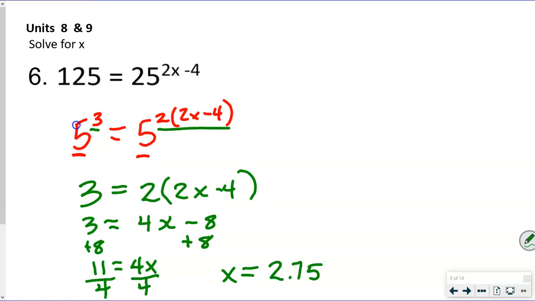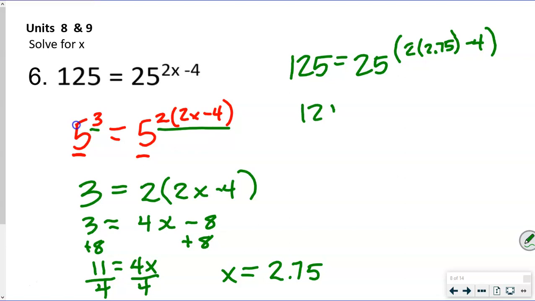And again, I can plug this back up in there, and I can do 125 is equal to 25 to the 2 times, let's just do it with a parenthesis, 2 times 2.75 minus 4.